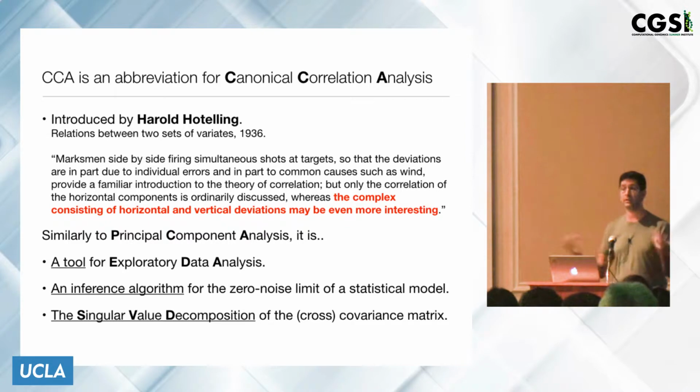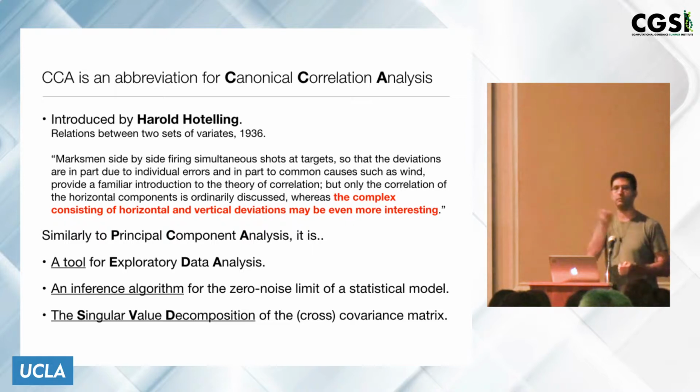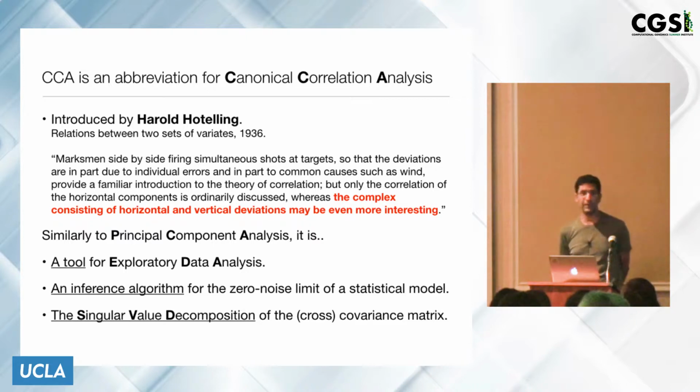And so when you look at the data, you want to take into account the shared effects while allowing for modeling of independent effects. And he noted that people ordinarily look at one component, but he wanted to look at a multivariate version of this. So he introduced canonical correlation analysis.